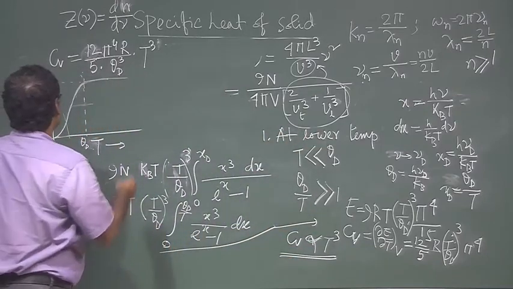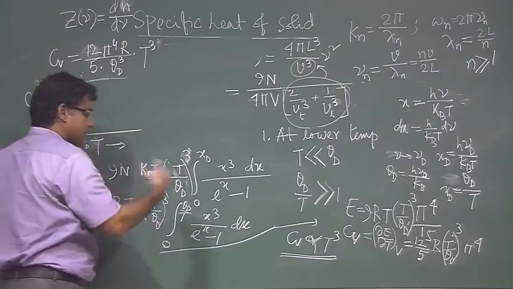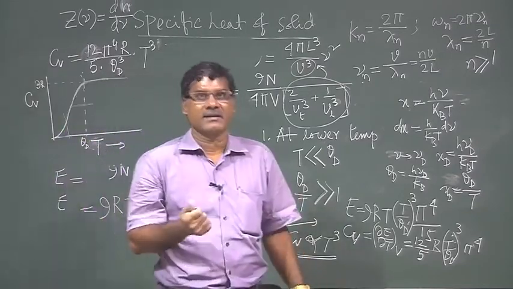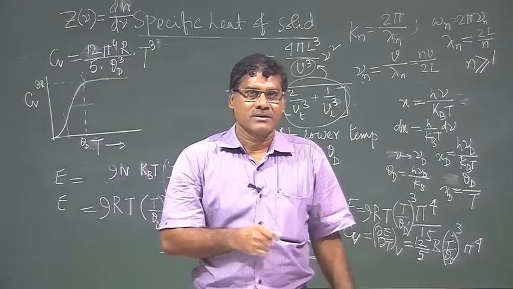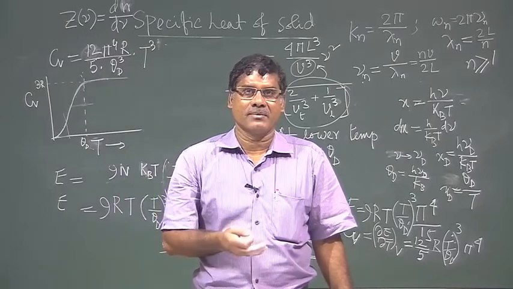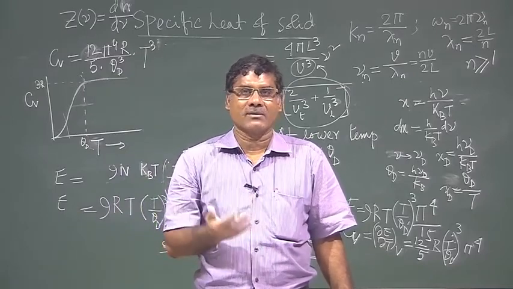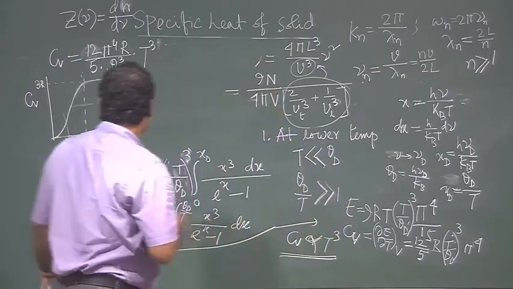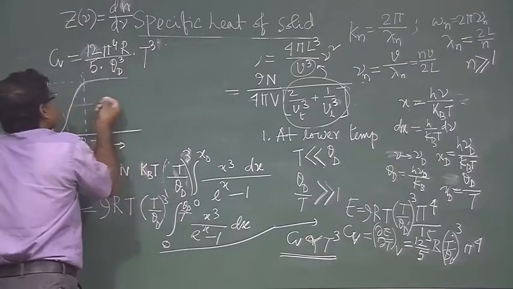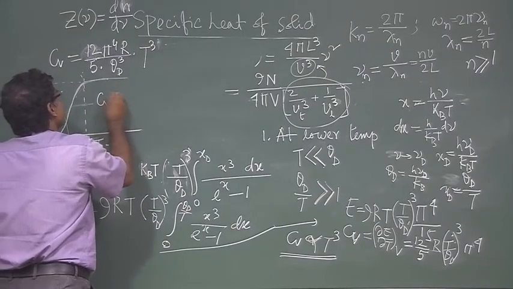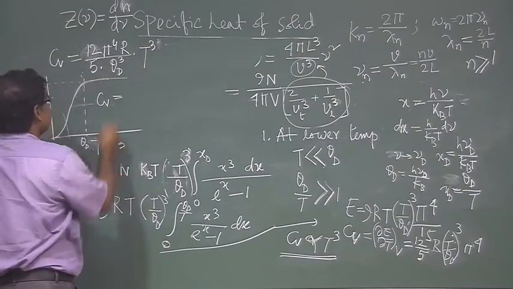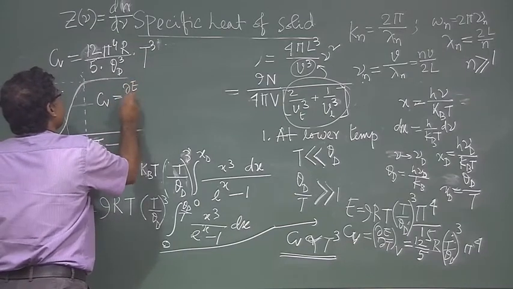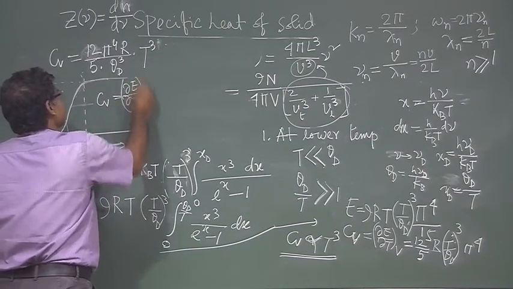In general it is difficult to integrate analytically, so we can do numerical calculation. Analytical calculation is difficult, but this general form, CV equal to ∂E by ∂T at constant V.